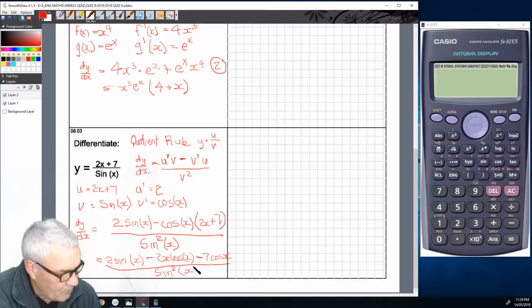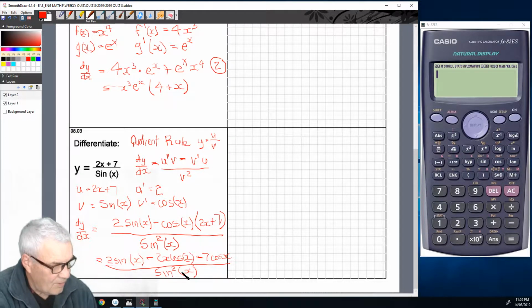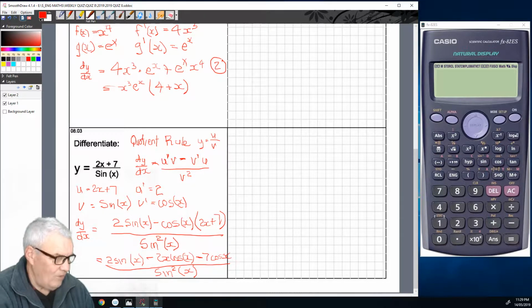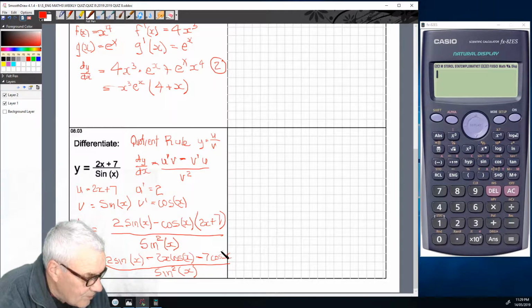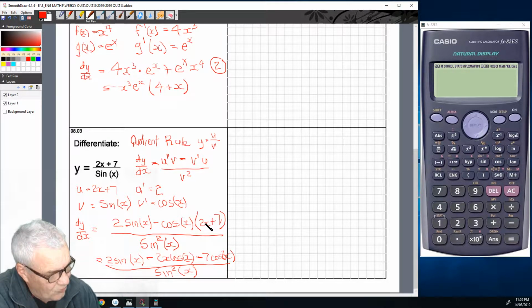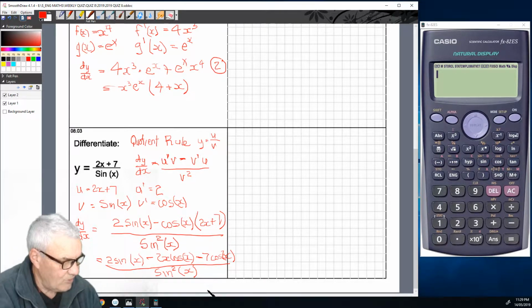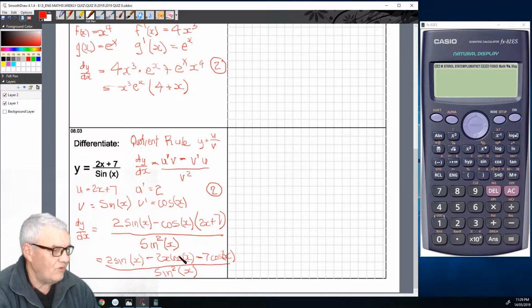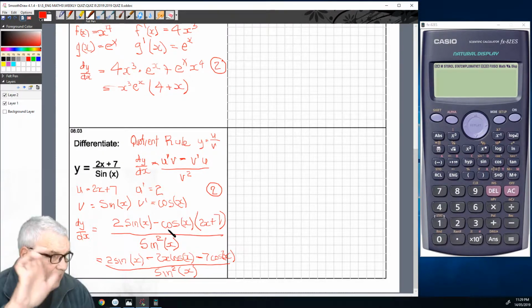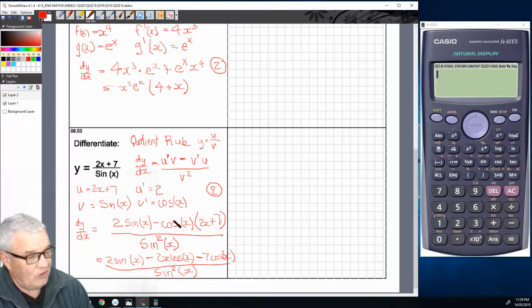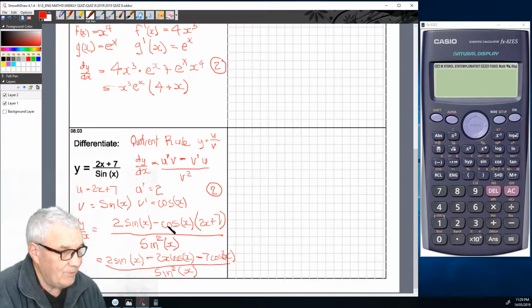So if you wanted to expand it out a bit. And there's not much more you could do with that. So it's negative cos x times 2x, negative cos x times 7. So that's where that all comes from. And once again, 2 marks for that. 6 marks. That's good. That takes you into the 60-40 rule material.